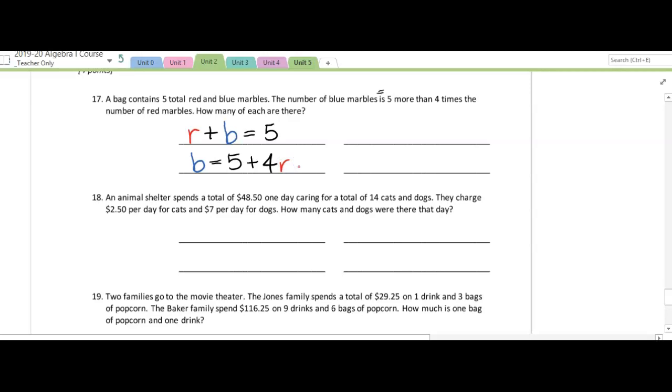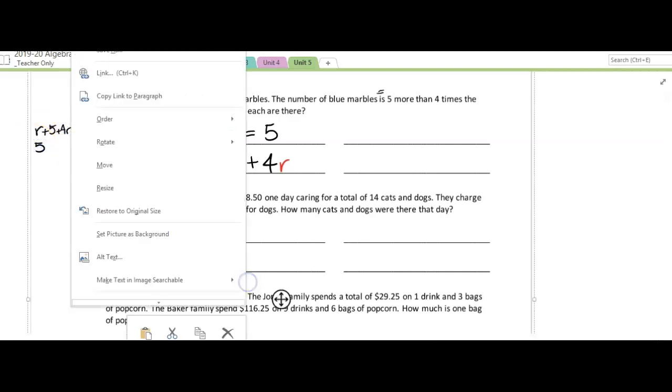Now, if we solve this with substitution, we can get the answer. I'm going to take my first equation, r plus b equals 5. I'm going to take out the b, and I'm going to substitute what b equals. b equals 5 plus 4r.